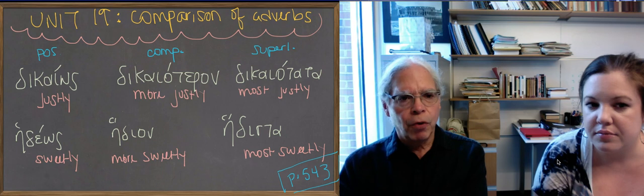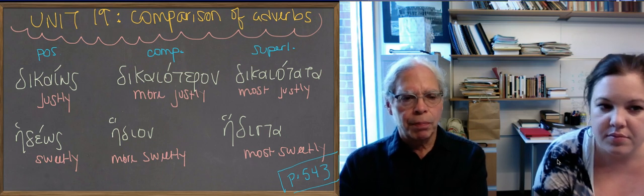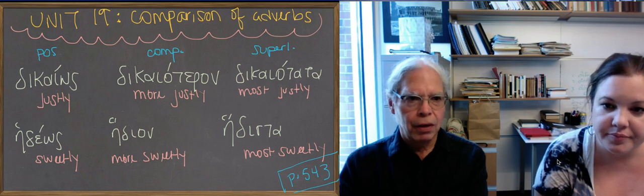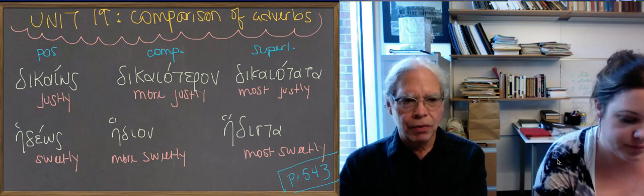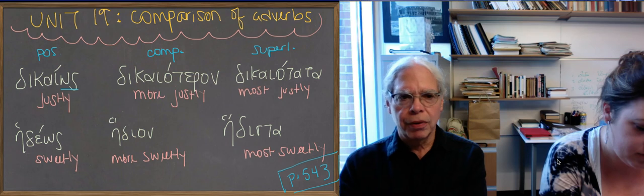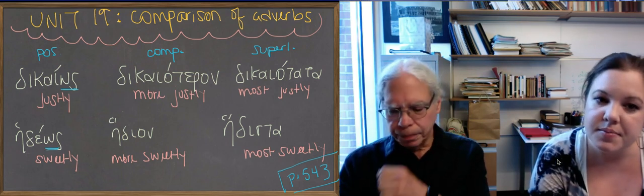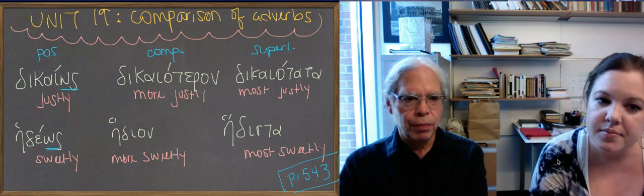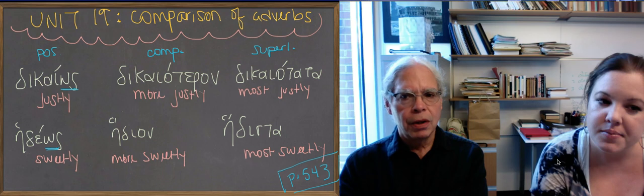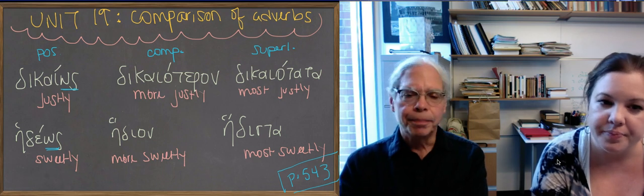So if we look at the forms of these, there's a very consistent pattern in Greek. Most adverbs, although not all, in the positive degree end in omega sigma. We learned that already a while ago. So dikaios and heideos. There are some adjectives whose adverbial form isn't in os, and in that case what you use is the neuter accusative singular most of the time.